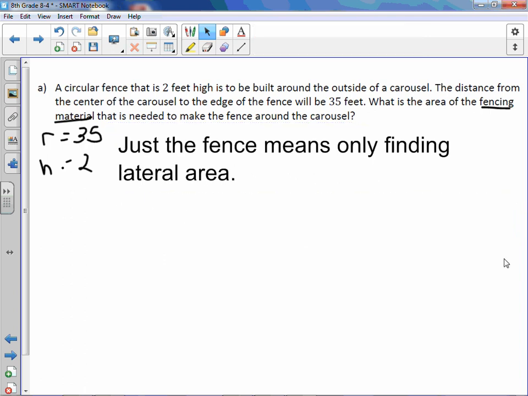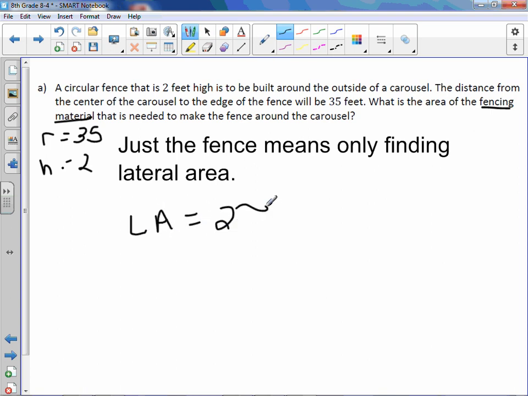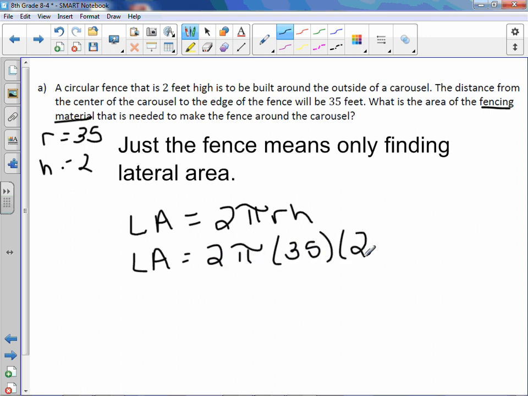So our lateral area is just the 2 pi r h. We don't need that other part because the 2 pi r squared represents the area of the bases. I don't have a top or bottom to this fence. Lateral area equals 2 pi times 35 times 2.